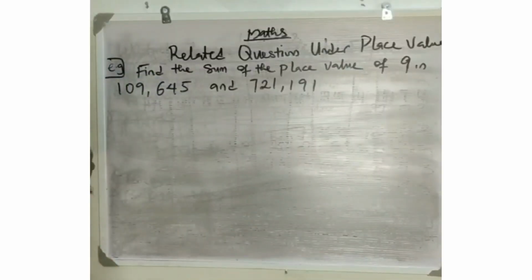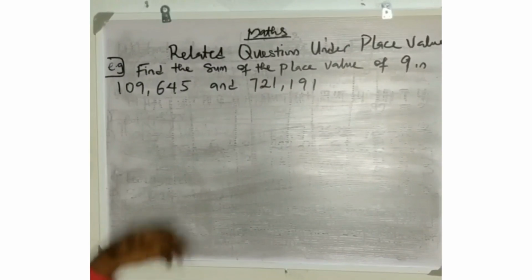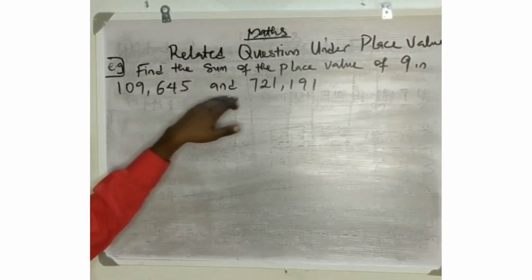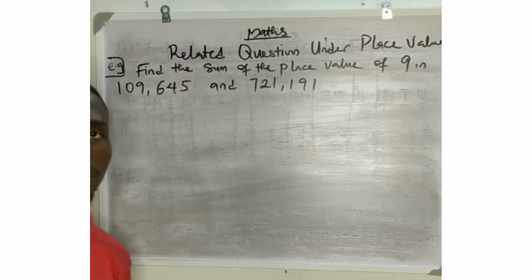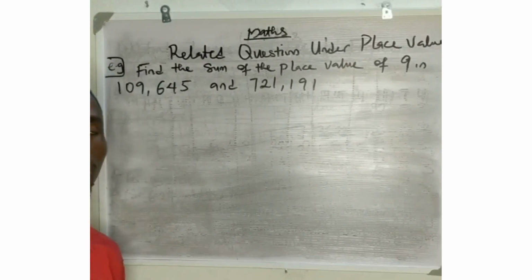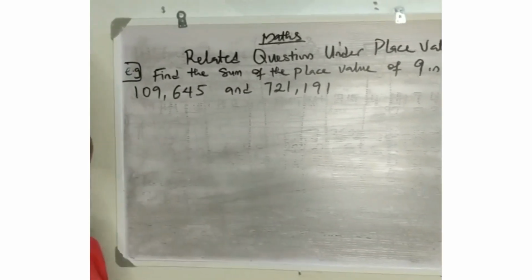Now, the student asked, sir, how do I solve something like this? Find the sum of the place value of 9 in this and this. I told you place value, we are going to be touching it subsequently in other videos, because place value is related to some other things apart from just tens and units. This is place value related to addition.